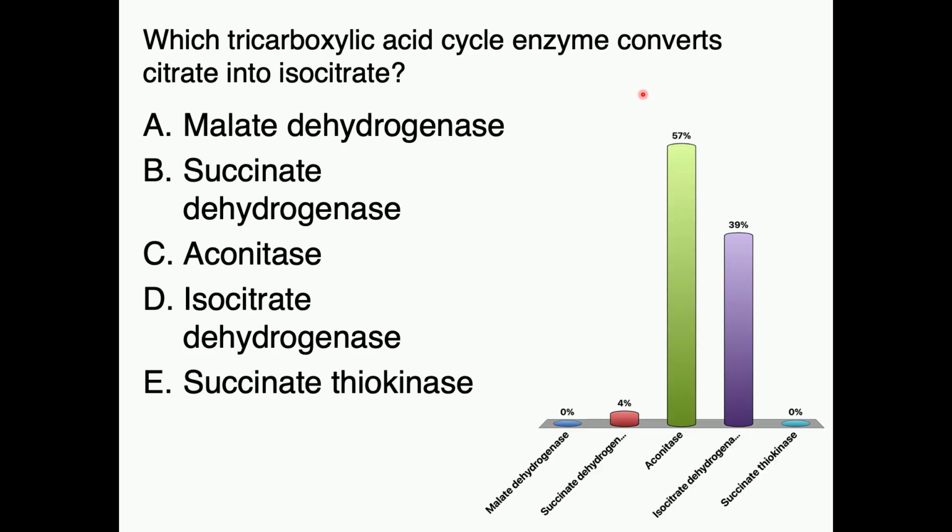Okay, yeah, so don't expect to have all these enzymes at the tip of your tongue, but kudos to people who selected aconitase, so that's the correct answer. That's interconverting citrate and isocitrate.